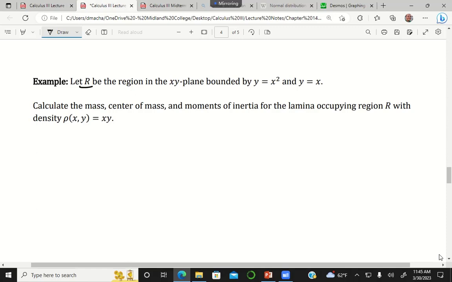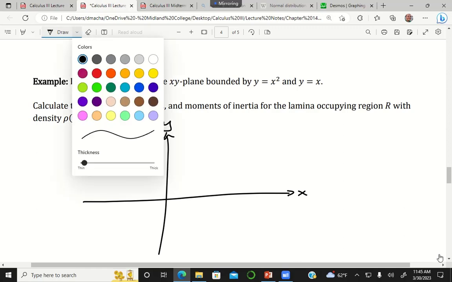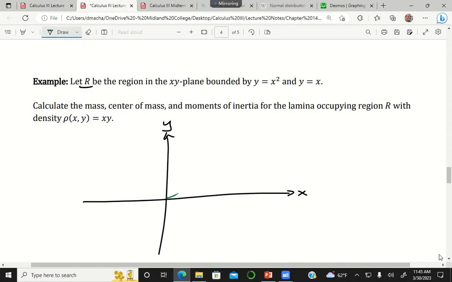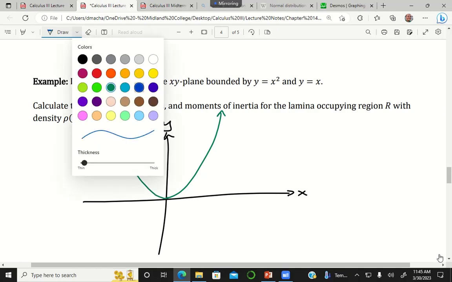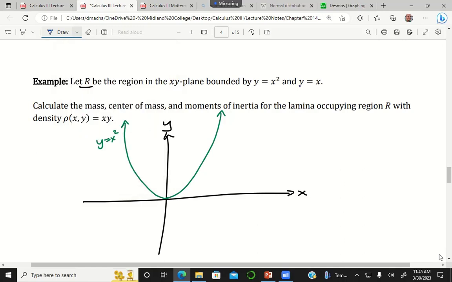It says, let R be the region in the xy plane that's bounded by the parabola y equals x squared and the line y equals x.